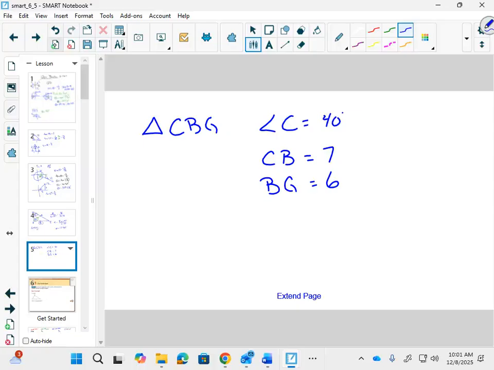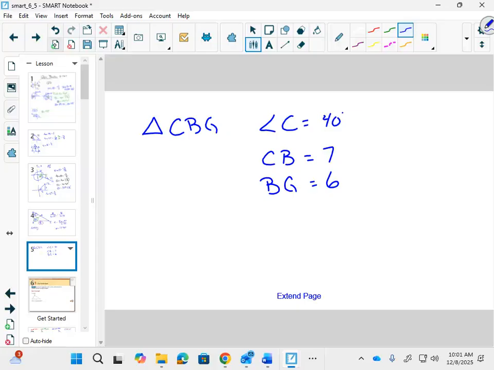So usually when they give you the information like this, not always, but when they don't draw the triangle, the reason they're not drawing the triangle is because that would give away there's only one triangle. So they don't draw the triangle, and you have to determine from here that there's going to be maybe one, maybe two, maybe no triangles.